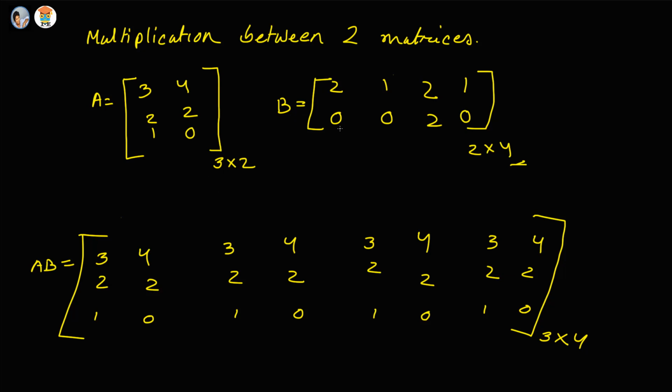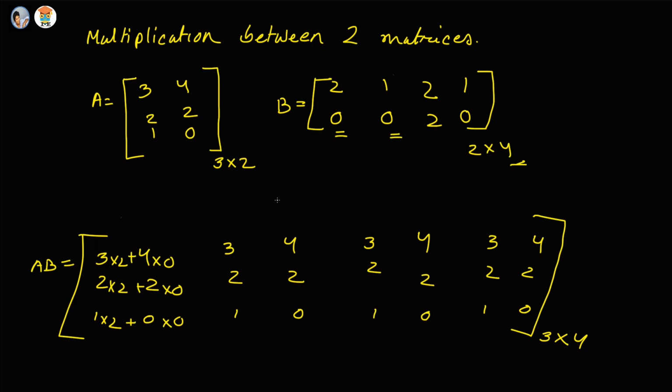Now take the first column of the second matrix, make it horizontal, into 2, into 0. Again repeat it, into 2, into 0, into 2, into 0, plus, plus, plus.